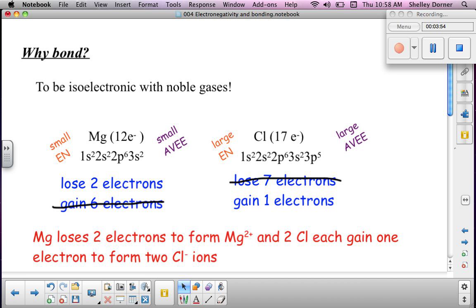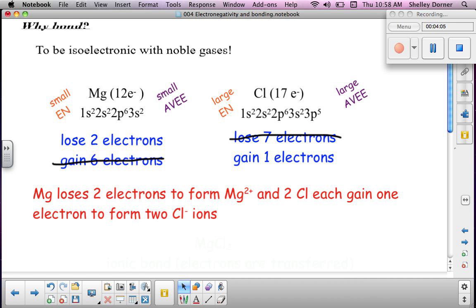Magnesium will lose 2 electrons to form a magnesium 2 positive ion, and 2 chlorine atoms will each gain 1 electron to form 2 chloride ions.